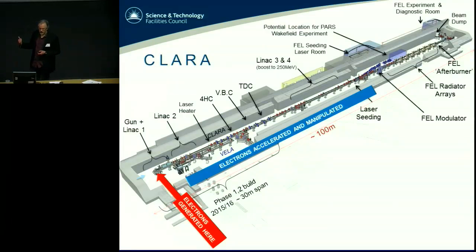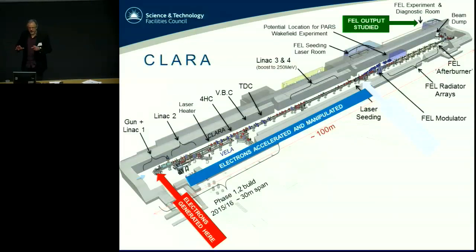Then into interaction with a laser beam. I mentioned about it being noisy, the output of a FEL. If you fire a powerful seed laser down the line of the FEL action, you can quell a lot of that noise.